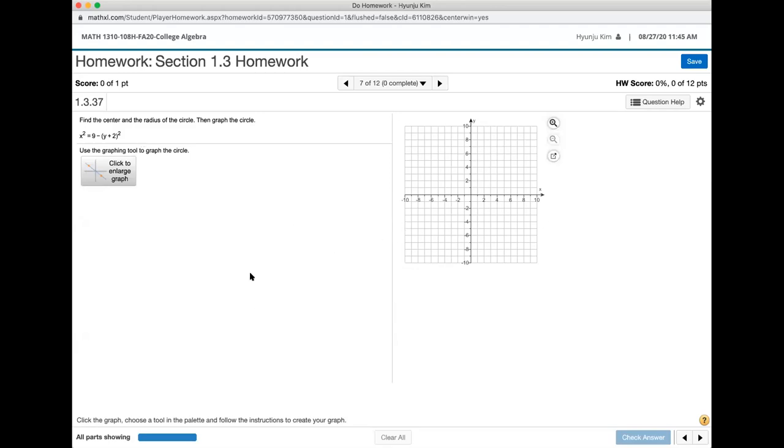Let me go back to the sketch paper. Give me a second. Yeah, so stop right here. x squared equals 9 minus y plus 2 squared. Okay, so it's blurry.